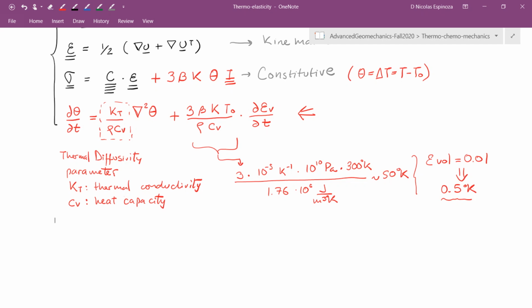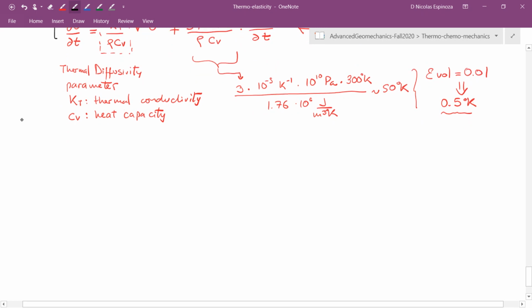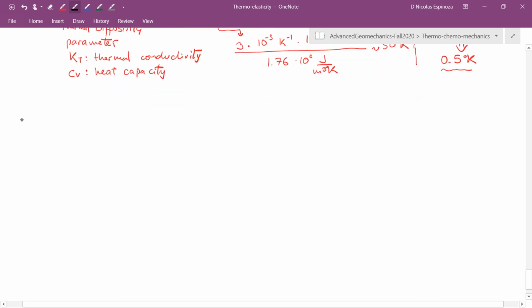All right, so let me scroll down a little bit over here. And where's my mouse? Okay, right there. Okay, now we're going to talk about a coupled problem. Let me add that because it's very important.